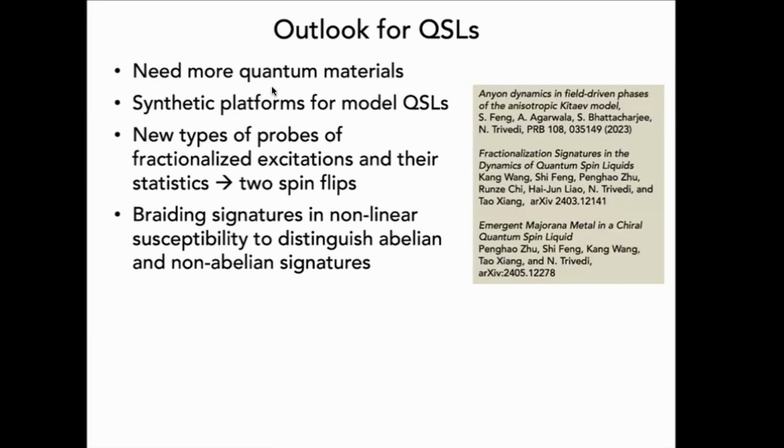As an outlook, we need more quantum materials. We are limited to just one or two. We need synthetic platforms to create such models. And I want to propose new types of probes going beyond one-spin flips to see fractionalized excitations and their braiding statistics.